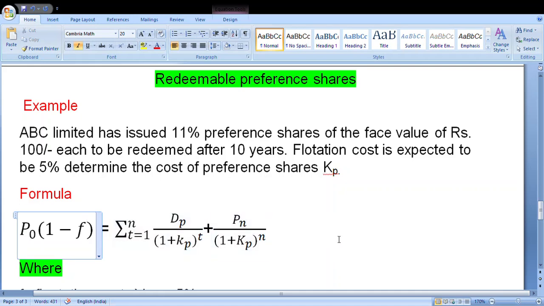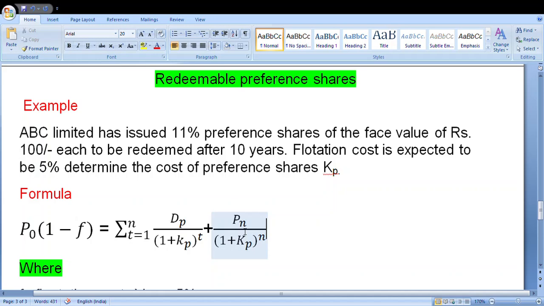And this right side part has two parts. The left hand part is about dividend, and the right hand part is on principal payment. We have to consider both the things: the cost of the dividend which we pay, and the cost of the principal which we are going to pay.